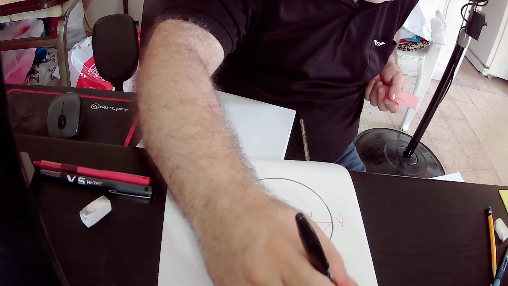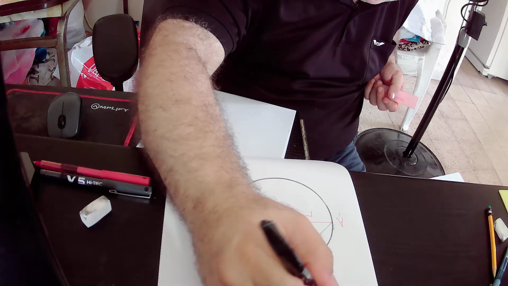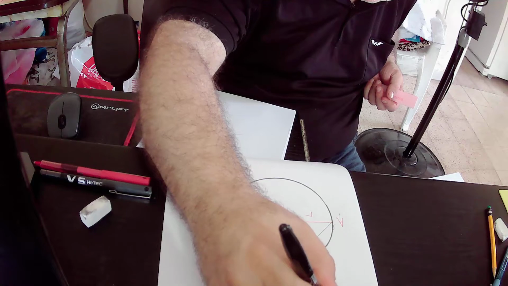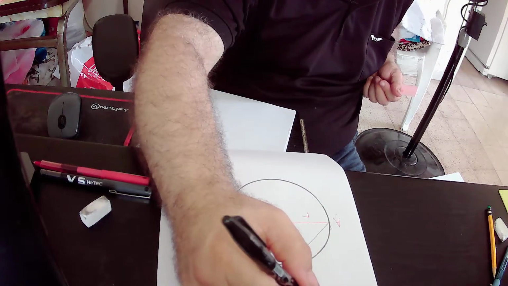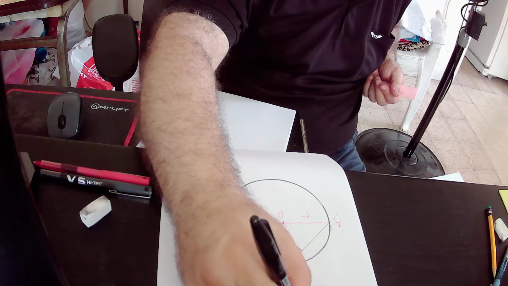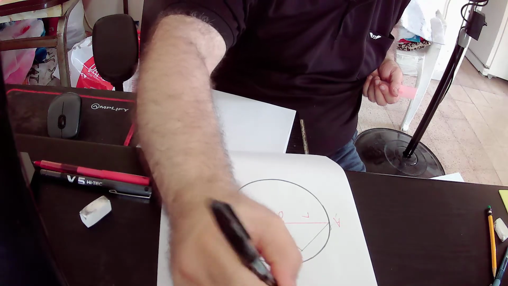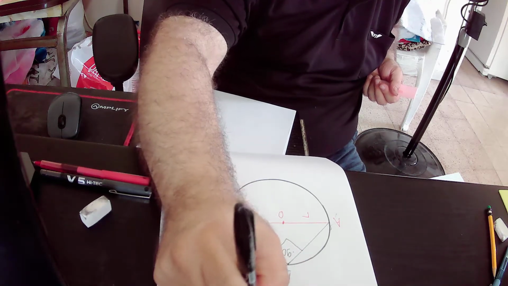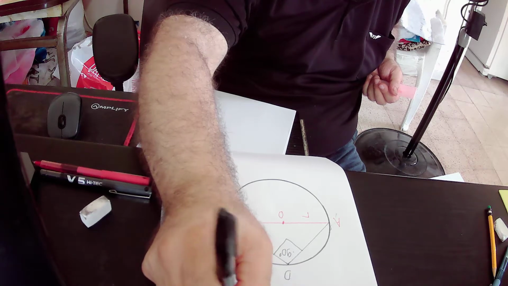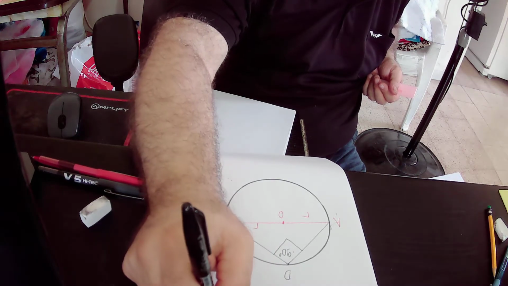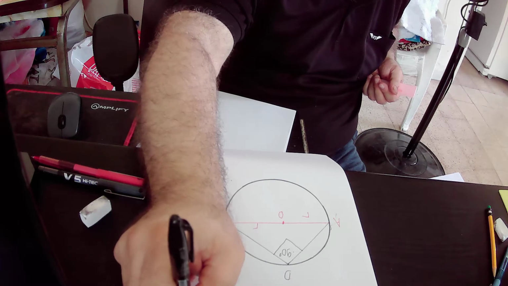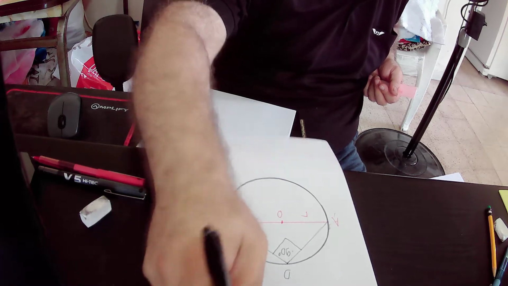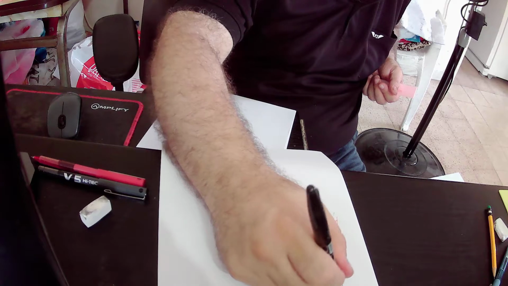Angle ADB rests on the diameter of the circle.